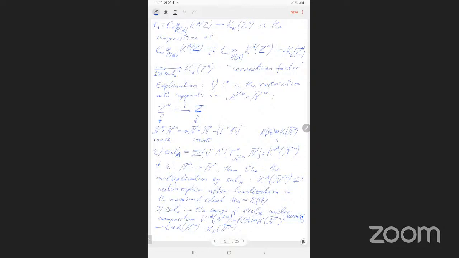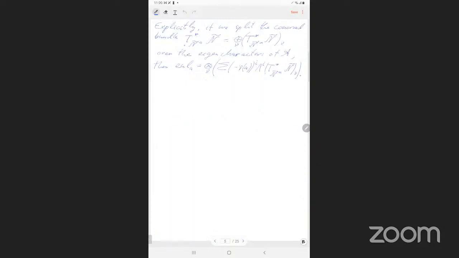And then we had this extra correction factor along the second factor, right? But note that it's only along the second factor. And we are using the fact that this correction factor is invertible, and so we multiply with the inverse element. You see it here, it's Euler class inverse. That's what we do.